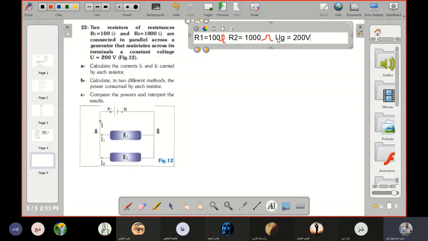UG means U of the generator, voltage of the generator. Calculate the currents I1 and I2 carried by each resistor.